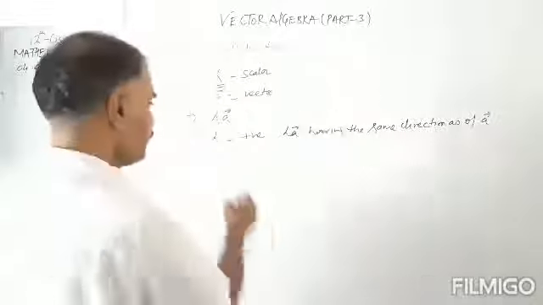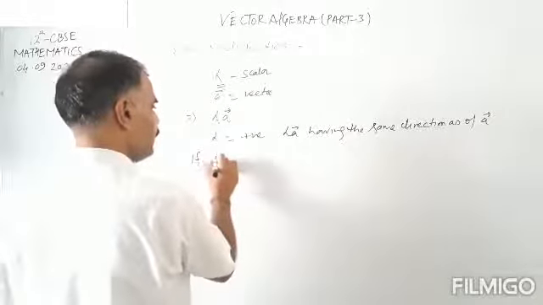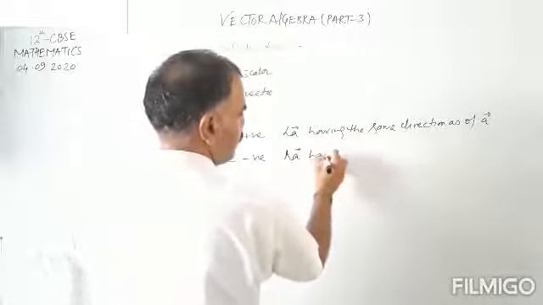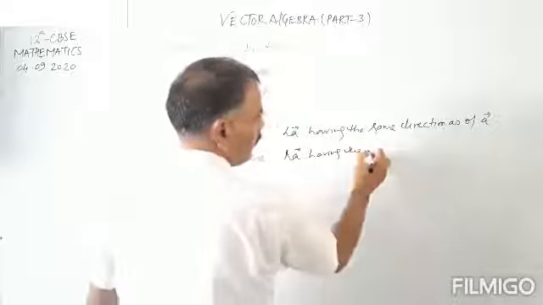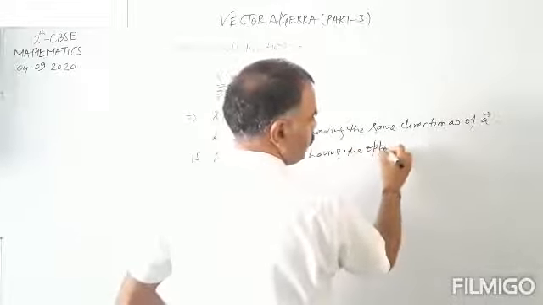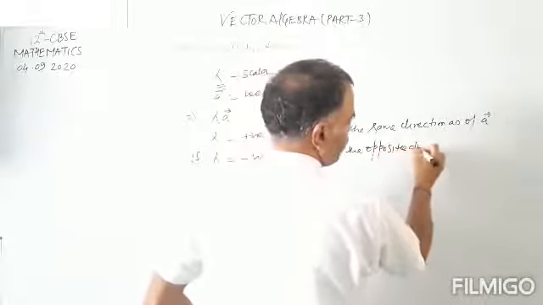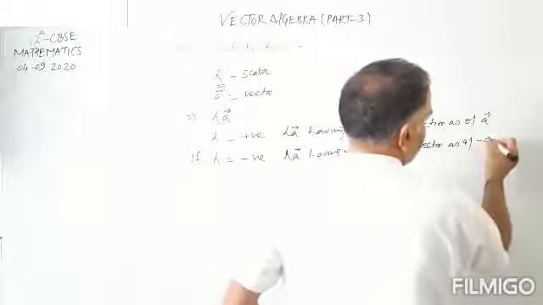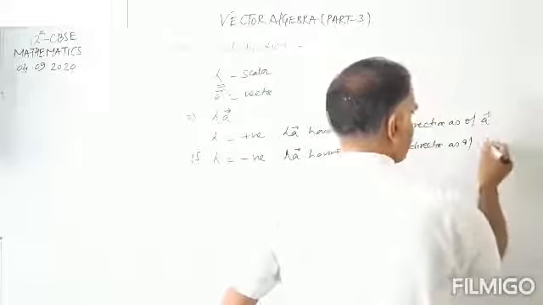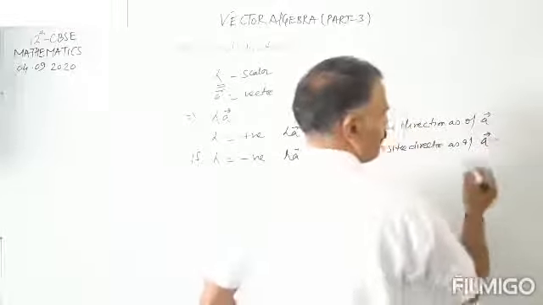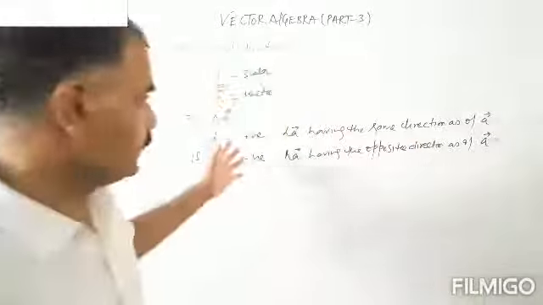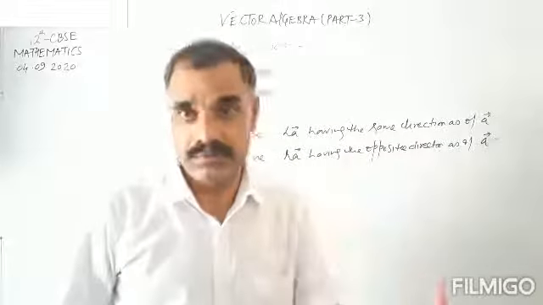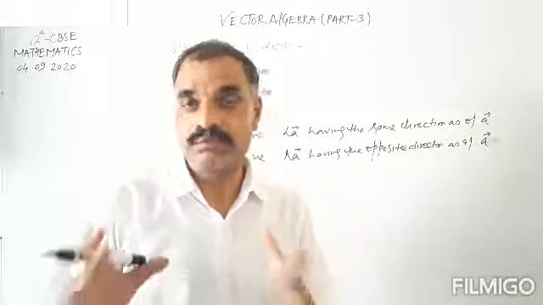But if lambda is negative, then lambda A vector has the direction opposite to A vector. Okay, so this is all about the direction after scalar multiplication of a vector. Now the magnitude.